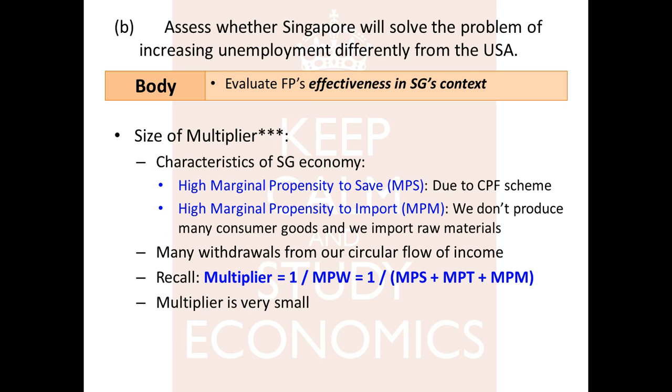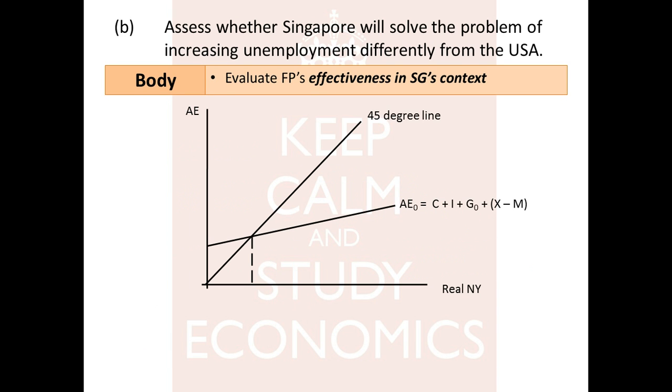Now how do you show this in a diagram? Basically, the only way to show the multiplier effect is through the Keynesian 45-degree diagram. So this is the second diagram that you might want to draw here. Let's just recap the Keynesian 45-degree diagram. In the original case, in the economy, there is AE0, which corresponds to, in this case, I'm trying to use increase in government spending, so G0.